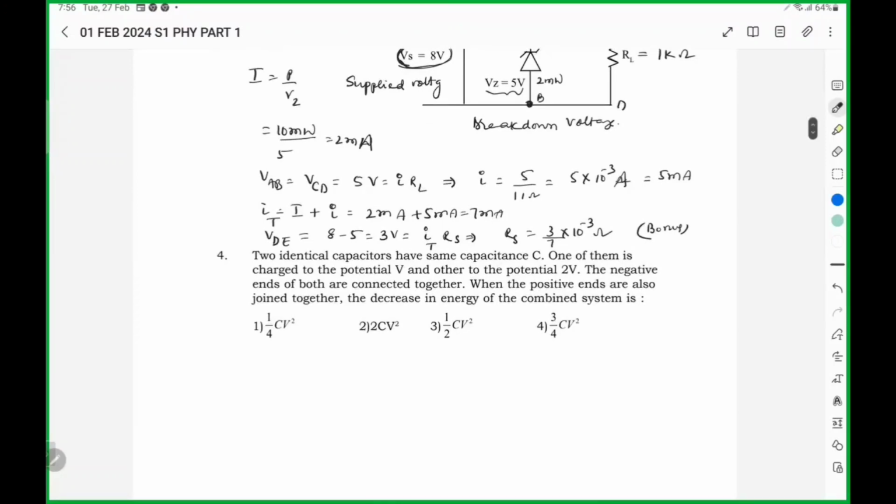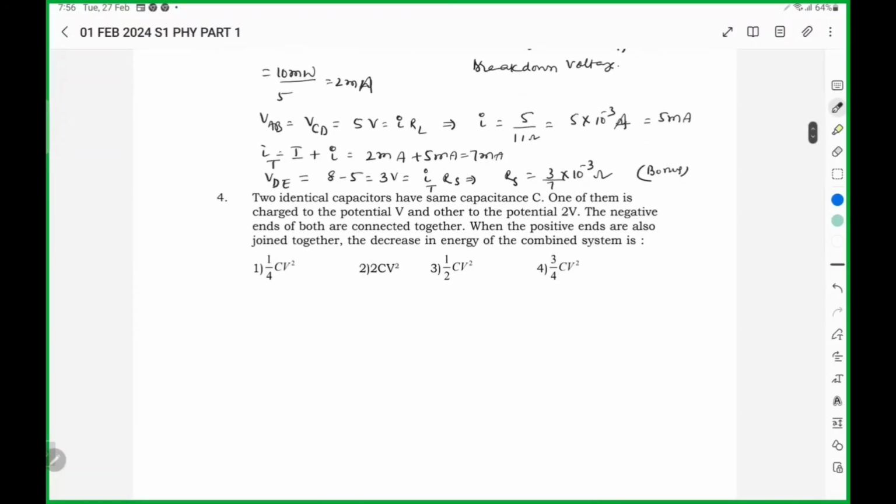Here identical capacitors have the same capacitance. So this is a capacitor. Here it is connected to a battery, then the charge stored here will be CV. Another capacitor, the same capacitor, is connected to another battery having potential 2V. Charged to a potential 2V means the charge stored here will be C into 2V.